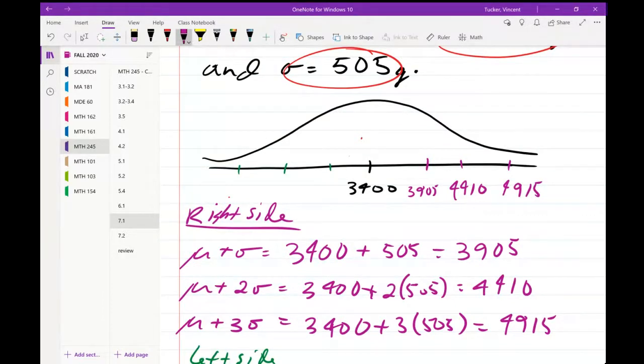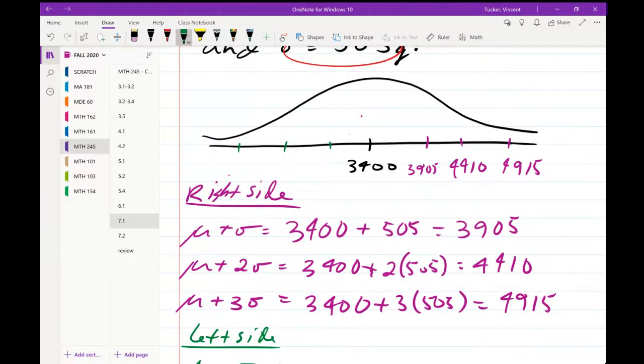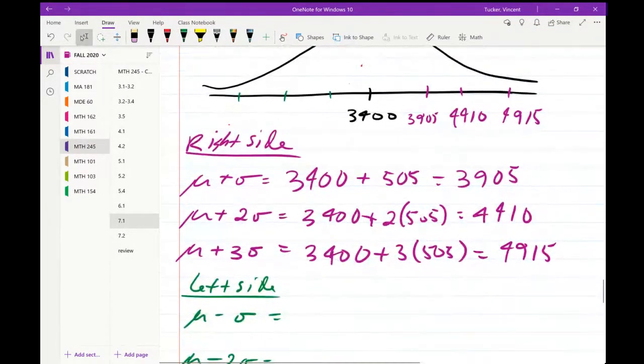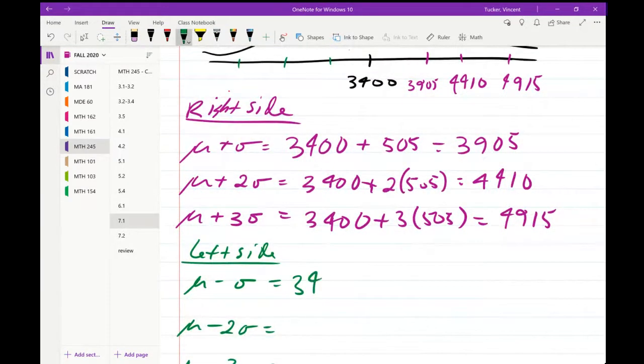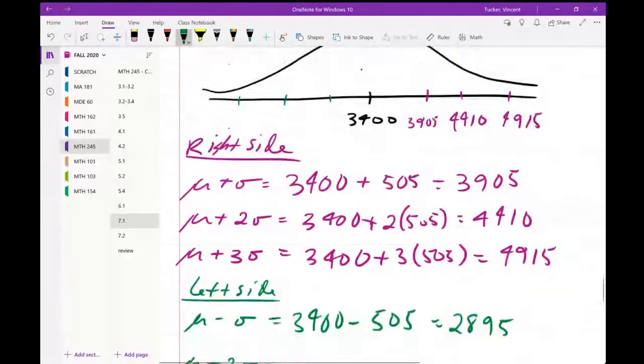All right. Now for the left side, we'll do the opposite. You're going to subtract the standard deviation 3 different times. Any questions on the right side, though? Good. So here we have 3400 minus the 505, which is 2895.